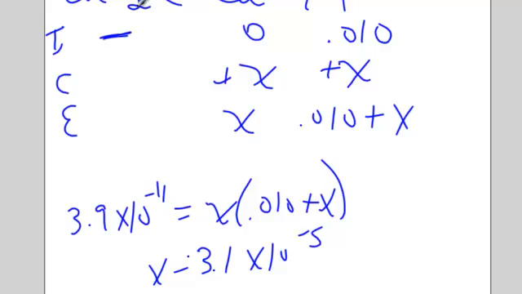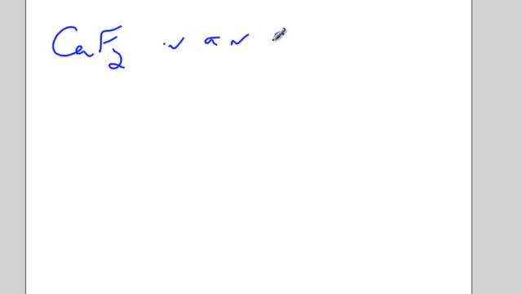Now, sometimes they're sneaky about this. It's not that they say CaF2 is in a solution with some extra F-. They actually say it's in a solution with something that's going to react with one of these guys. So maybe you have CaF2 in an acid solution.